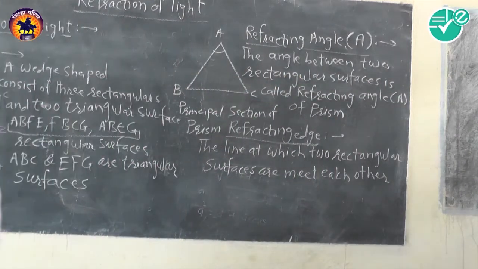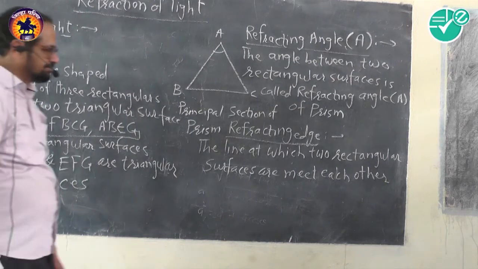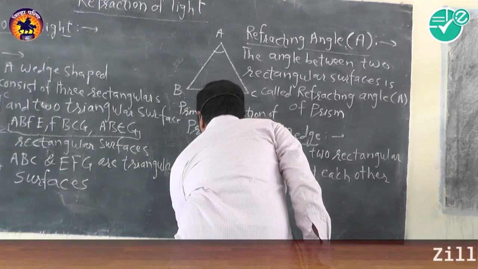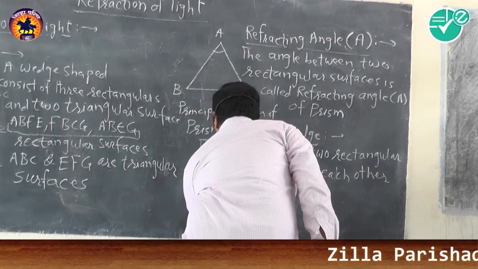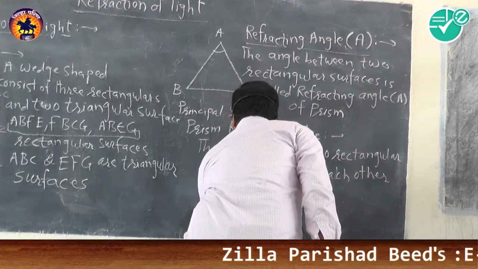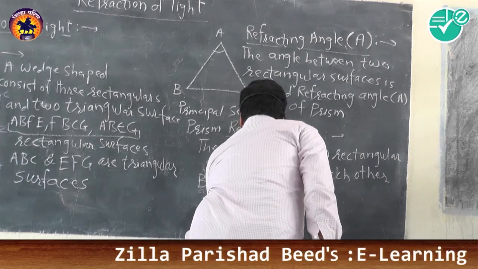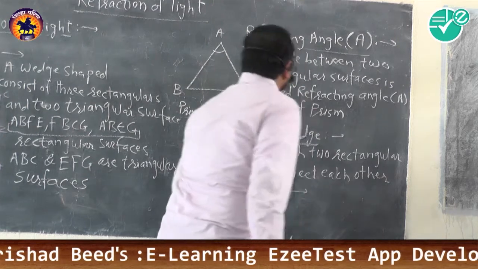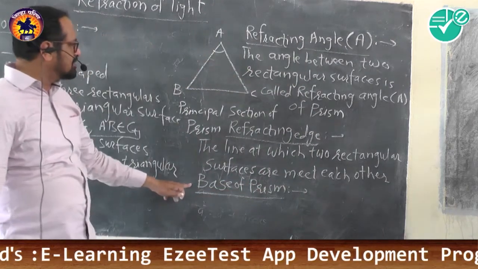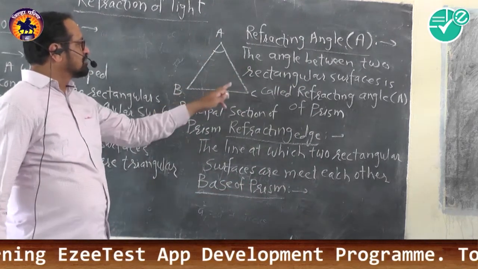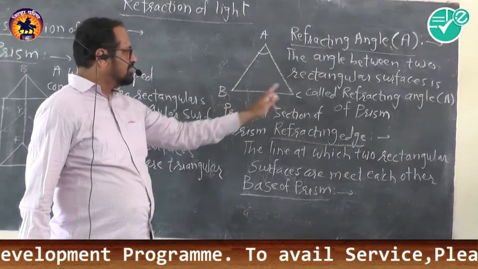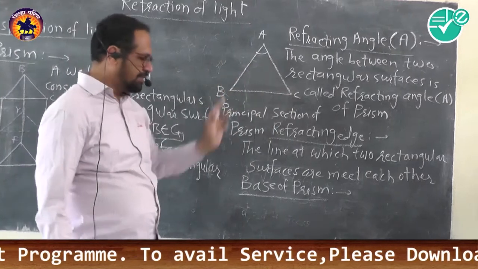And again one more thing, that is the base of the prism. These three terminologies are important. Here the base of the prism means the side opposite to the refracting angle. So BC is the base of the prism.